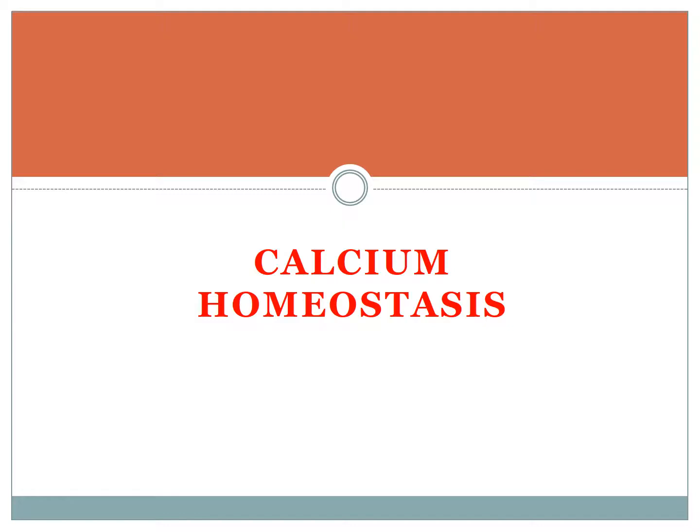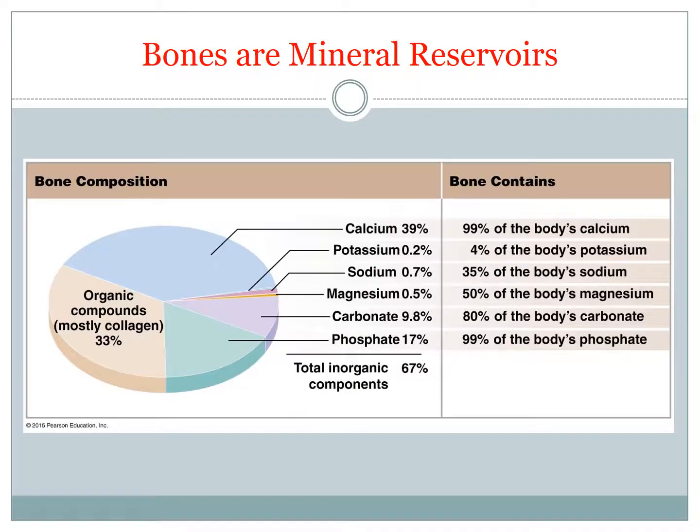Now we're going to discuss calcium homeostasis. Bones are constantly undergoing deposition and resorption in a process known as remodeling. This is coordinated by the activity of the osteoblasts and osteoclasts that regulate both processes.